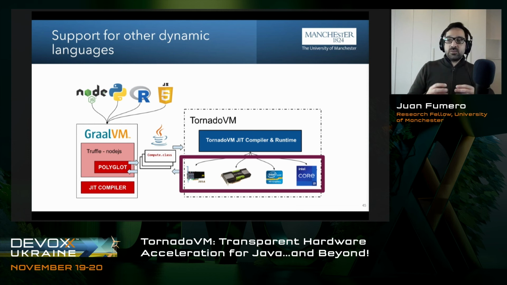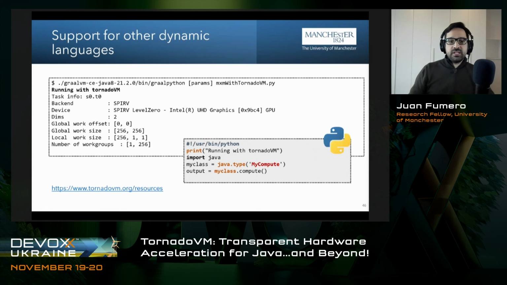So instead of expressing the computation in CUDA or OpenCL, we express the computation in Java, and that Java code can be invoked from higher level programming languages like Python, Ruby, R, etc. In fact, here I show an example. You can run a Python program that represents the matrix multiply.